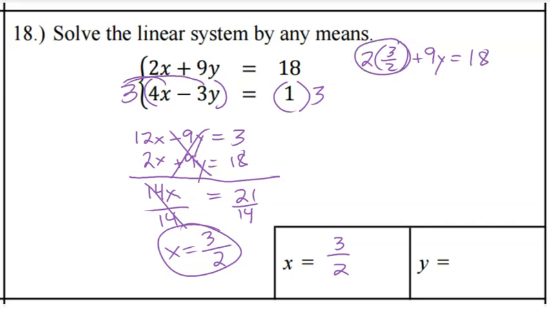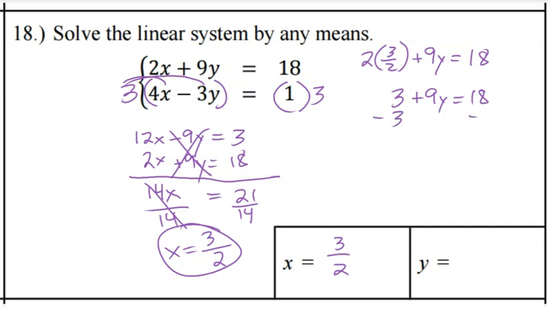Well, 2 times 3 over 2, the 2 cancels the 2, and that leaves a 3. Another way to do it is 2 times 3 is 6, and 6 divided by 2 is 3. Any way you look at it, this equals 3. So I have 3 plus 9y equals 18.